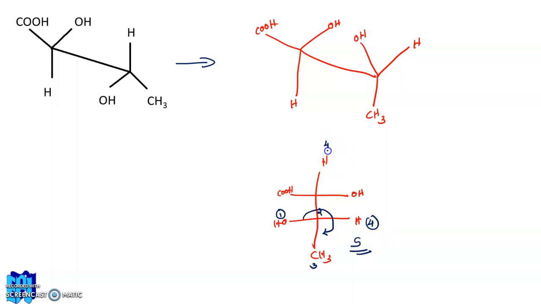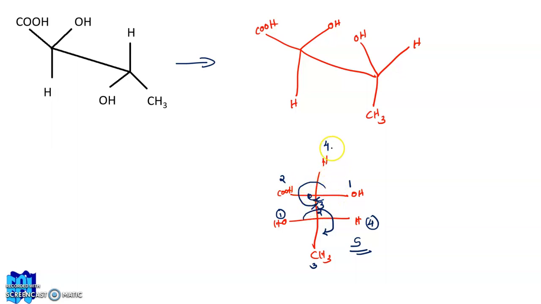Here this is 4, this is 1, this is 2, this is 3. 1 to 2 to 3, then only the rotation will be complete. This is anti-clockwise.